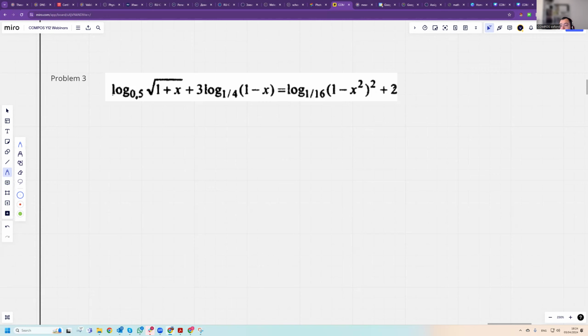No, 2 is a standalone number. Write logs as power of 2. That would work.